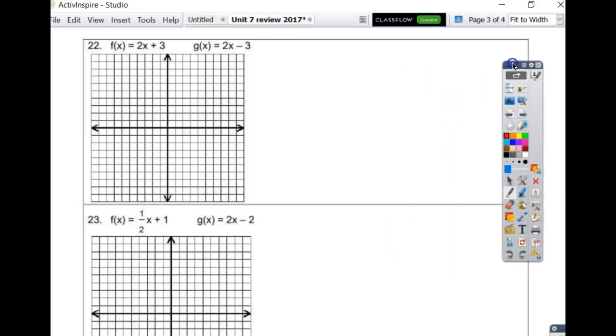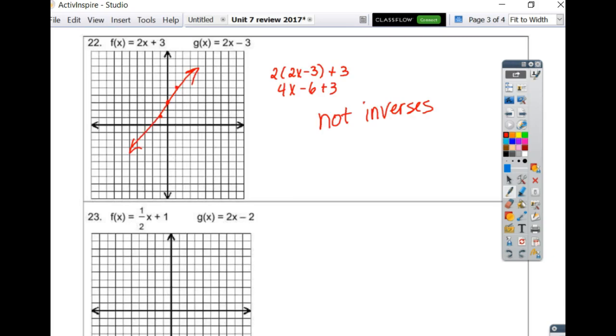Okay, you do the next one. So for the next one, I'm going to put parentheses here and plug it in here. So what's half of 2? So I get x, and half of 2 is 1, and these cancel out, and I have x.